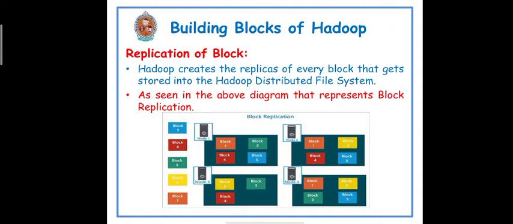That is, even though your system fails, or your data node fails, or a copy is lost, you will have multiple other copies present in the other data nodes or in the other servers, so that you can always pick those copies from there.